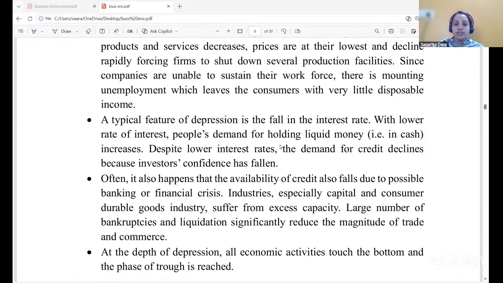Despite lower interest rates, the demand for credit declines because investors' confidence has fallen. Because there is a depression going on in the market, the prices will be very high, but the spending capacity of the public will be very low. They can't purchase the goods or avail the services as the inflation rate will be very high. At the depth of depression, all economic activities touch the bottom and the phase of trough is reached.